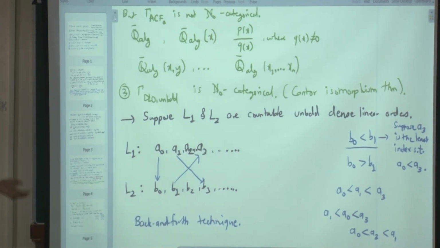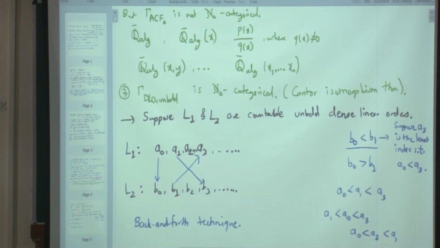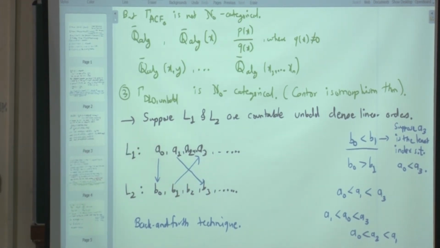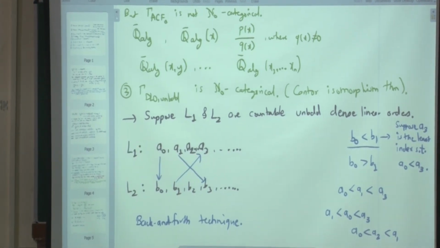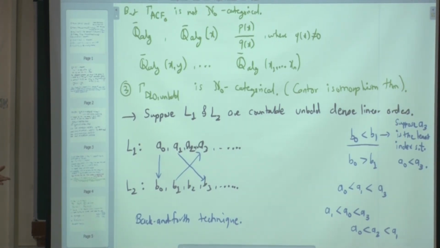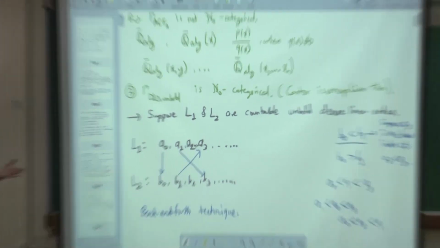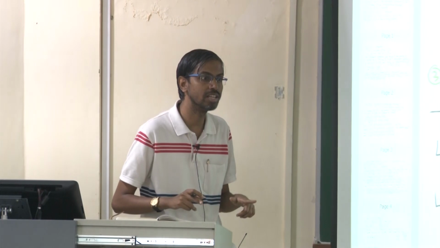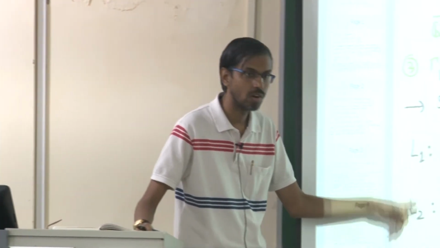Then again the ball is passed on to L2, and you just have to argue that you have exhausted all the elements on both sides. You understand? So this will set up an order preserving bijection between two linear orders.